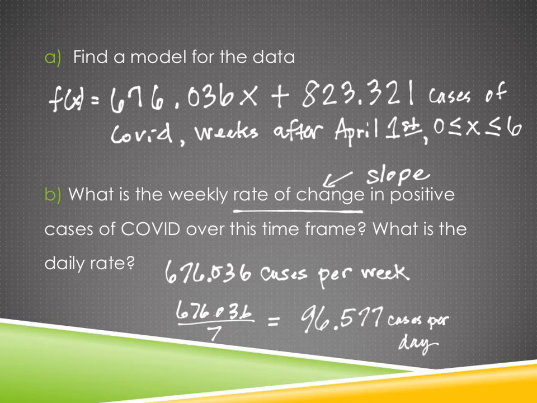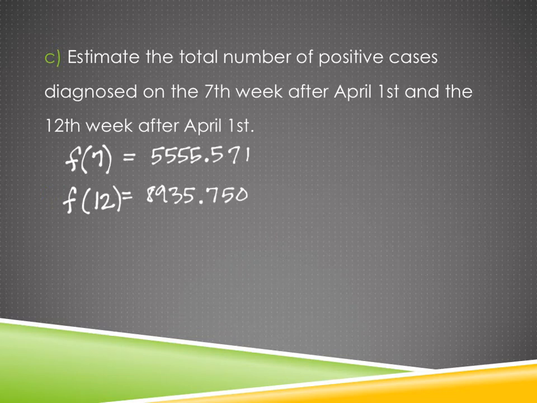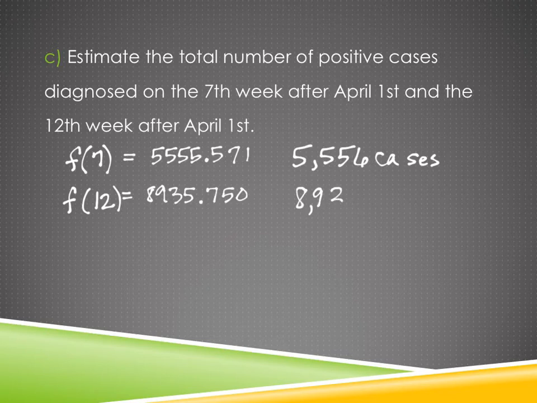So it's perfectly fine what we did on part B. But on part C, when we write out our answer, this is actually 5,556 cases, because it can't have 0.5 of a case. And on the other one, we're using just regular rounding rules. We have 8,936 cases.